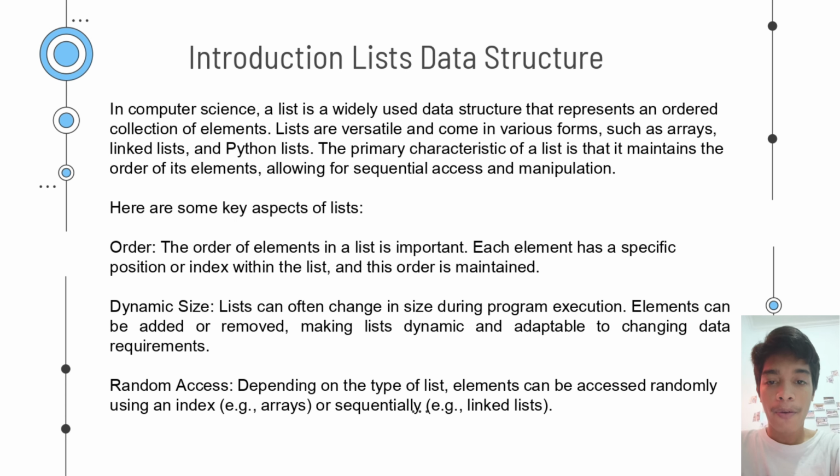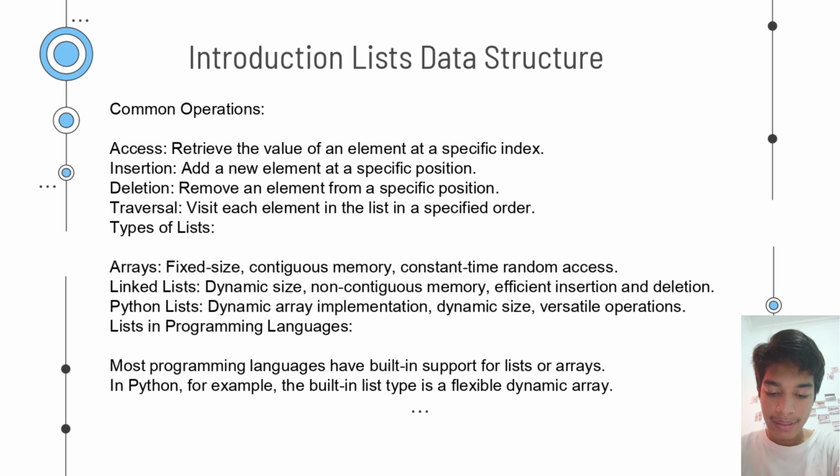Now the operations. As you know, the first operation is access: retrieving the value of the element at a specific index. Second is insertion: adding new elements at specific positions.